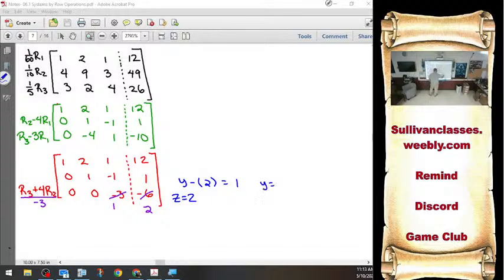So y equals 3. This row says x plus 2 of those plus 1 of those is 12. Well, that's 6 plus 2 is 8. Subtract. X is 4. Write your final answer, 4, 3, 2.